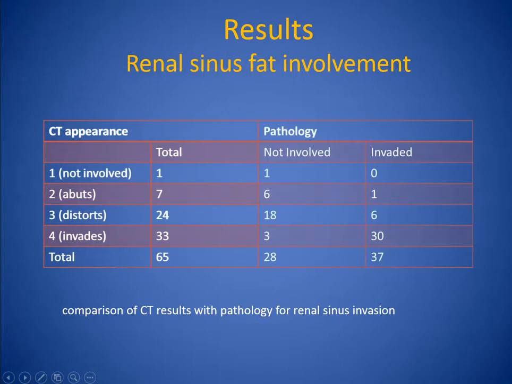On pathology, we found that there was no invasion in the patient who had no involvement. 1 out of 7 who had abutment had involvement of the renal sinus fat. 6 out of 24 with distortion had invasion, or 18 out of 24 who had distortion of renal sinus fat did not have invasion, and 30 out of 33 who had appearance suggestive of clear invasion had actual pathological involvement as well.